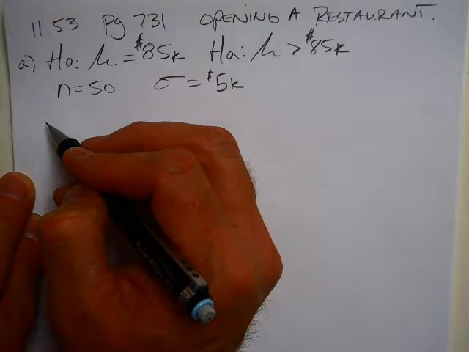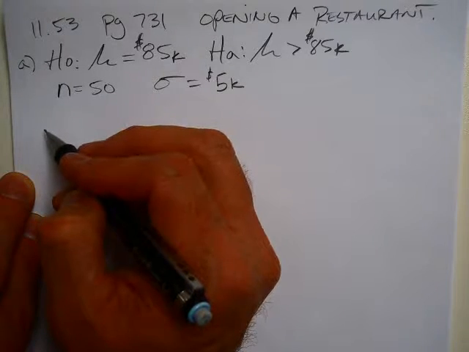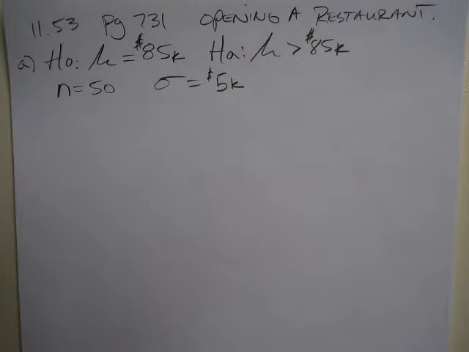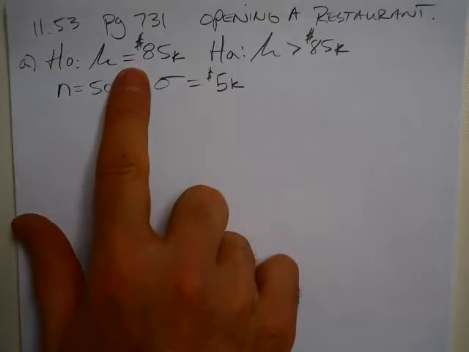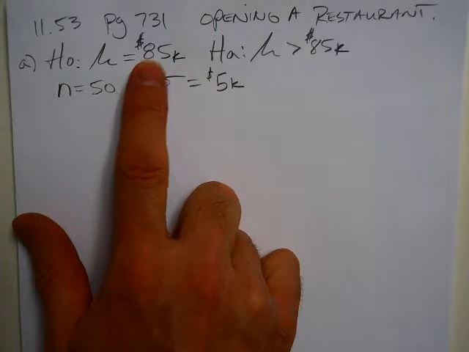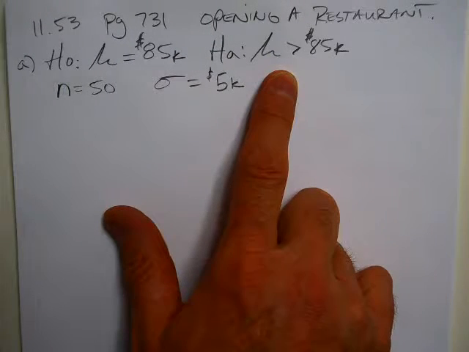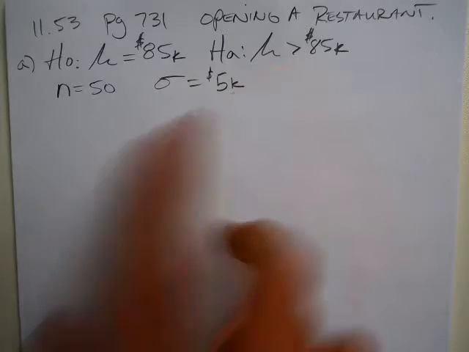Yes? Wouldn't the alternative one be that it's less than 85,000 because then you wouldn't open a restaurant? Or it's less than 85? The less than 85 is going to show up here. You want to see if the income is greater than 85 so that you can open the restaurant. How does that sound? You got the right idea.